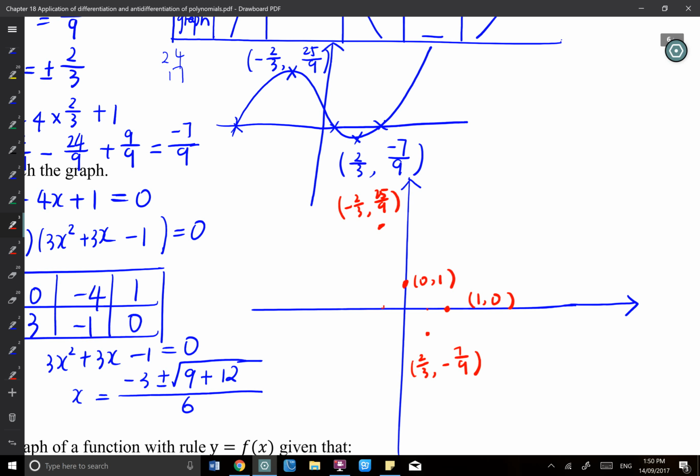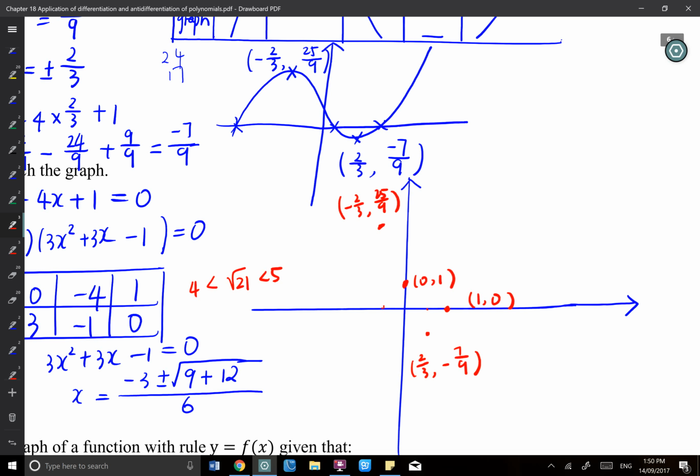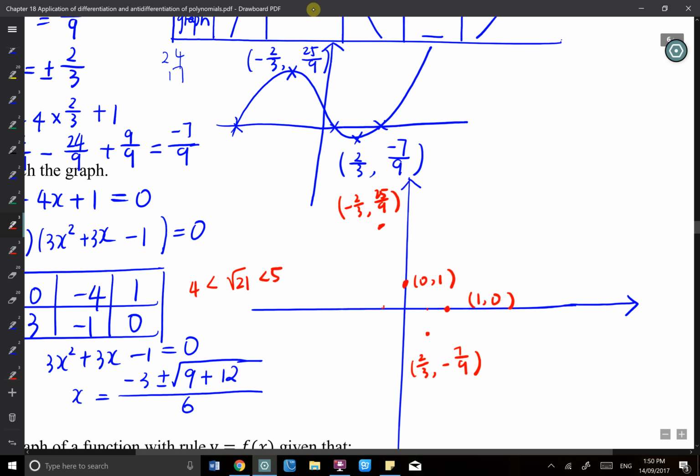And then I have those two values. Root 21 is in between 4 and 5. So negative 3 minus 4 is negative 7. Negative 7 divided by 6 is negative 7 over 6. Negative 3 minus 5 is negative 8, divided by 6 is negative 4 over 3.